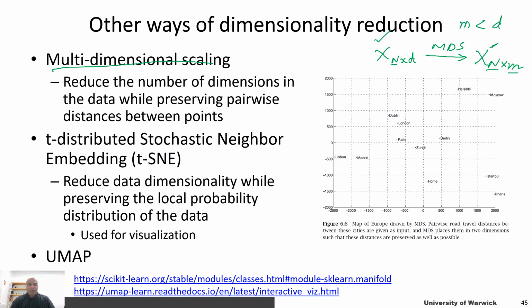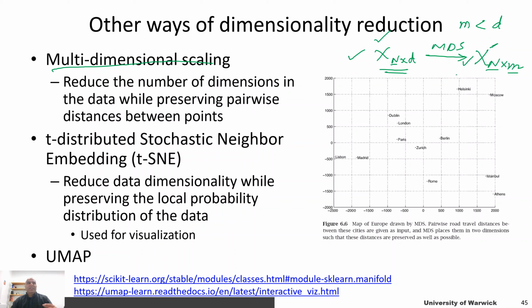Let's say we had 10-dimensional data in the original feature space, and we want to reduce it to say 2-dimensional data. Now that's what PCA does as well, right? That's what all of these dimensionality reduction methods do. But what's special about MDS is that it ensures that if 2 points were far away in the original feature space, they would still be far away in the reduced feature space.